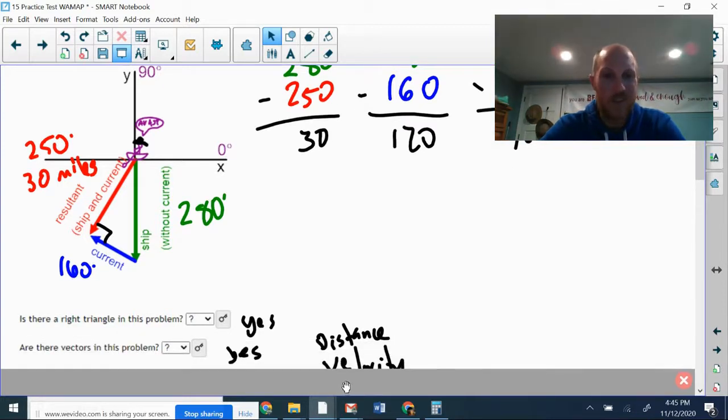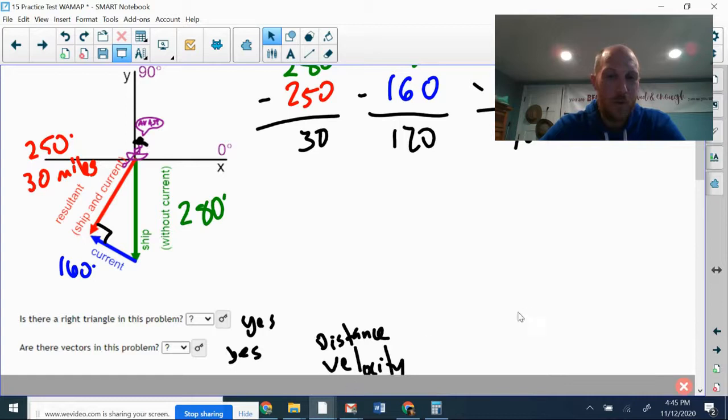How about vectors? Yes. A number of different quantities can be represented as vectors, anything that has direction and magnitude. Distance is one example. We are given a distance of 30 miles, so definitely there are vectors here. We could also find the velocity, since we are told it takes the ship 2 hours to travel those 30 miles.